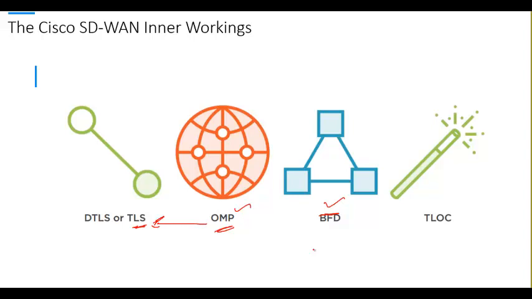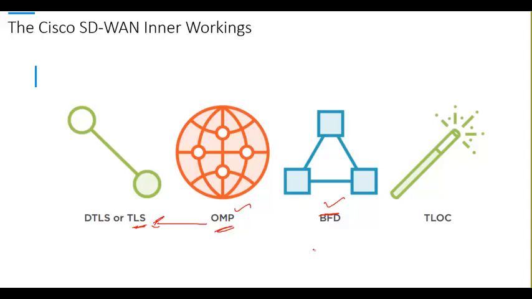How this works is that the WAN edge routers in our SD-WAN fabric send BFD hello packets. These hello packets help to measure the path quality.